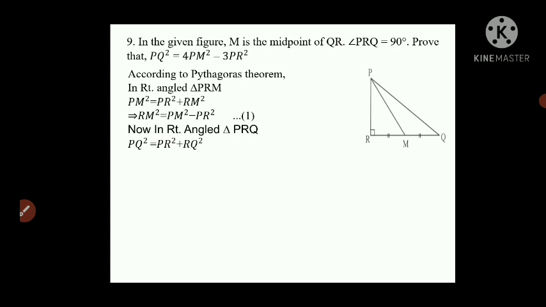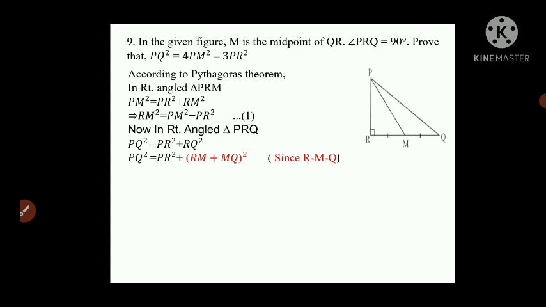Now RQ, if you see, M is the midpoint, so RQ contains RM and MQ, right? So PQ square, I will write as it is on the left hand side, is equal to PR on the right hand side also the same, plus RQ. Now RQ contains two segments, RM plus MQ, since the points are collinear.